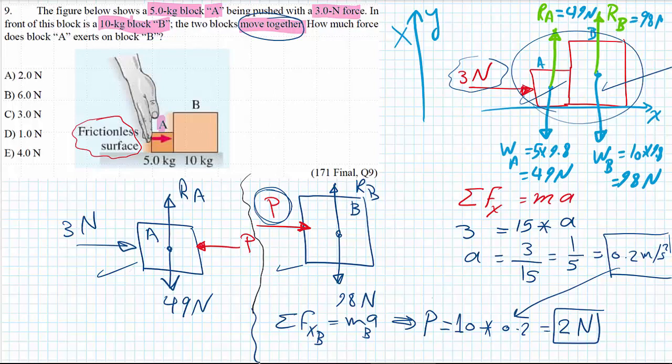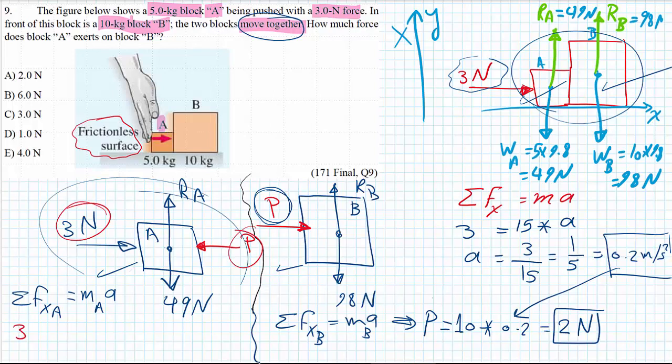If we try to find the result from the first object, sum of the forces for object A equals the mass of object A times the acceleration of object A. So what are the forces here on object A? There is a 3 Newton to the right, there is a P to the left. So it's 3 minus P equals the mass of this object, which is 5 kilograms, times the acceleration, 0.2.